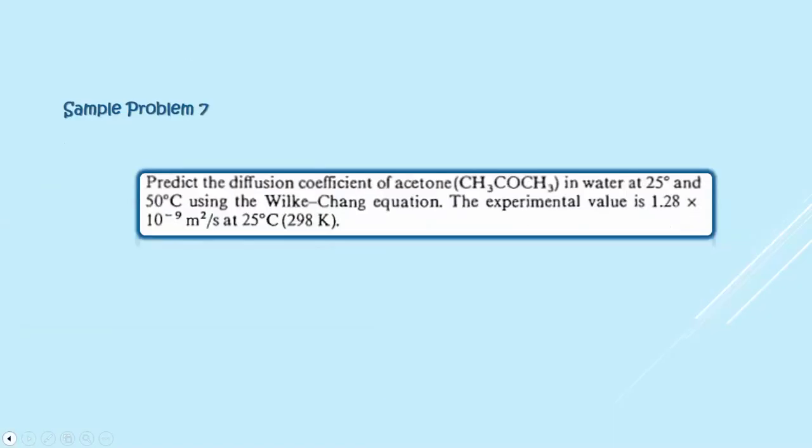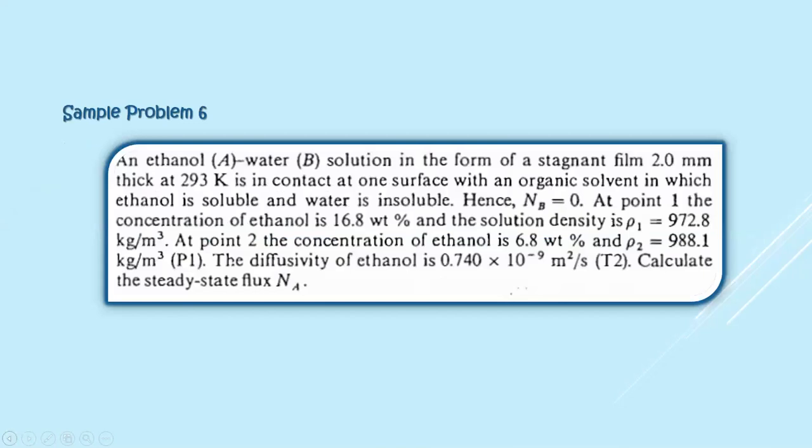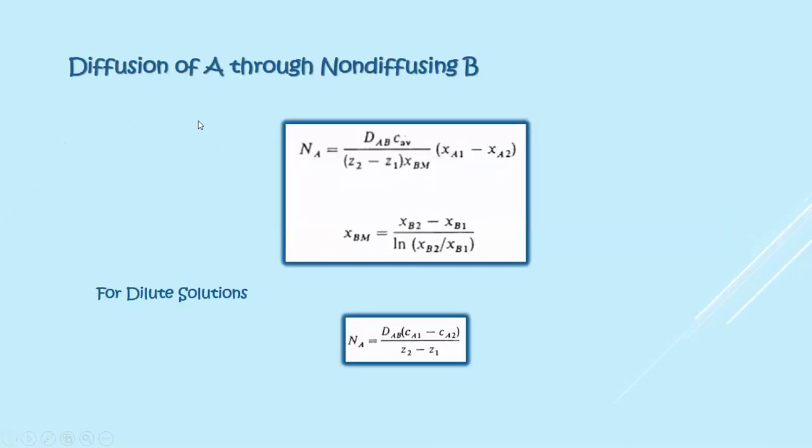So we will be using this formula here for diffusion of A, our urea, through a non-diffusing B. B will not diffuse to urea, but urea is free to use B as the medium so that it can transfer through to the other chamber, which does not actually contain any urea because its concentration is 0 in urea.